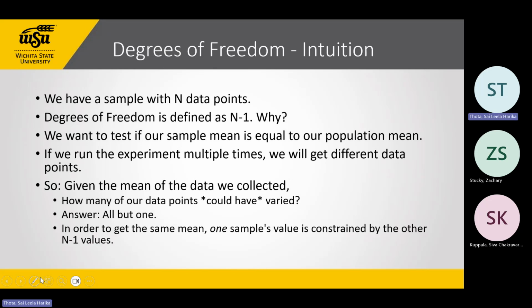In order to get the same mean, one sample value is constrained by the other n minus 1 values. So in simple terms, for the population there are n, and you are removing the sample from the whole population, which is n minus 1, and that is the reason we use n minus 1 for the degrees of freedom.